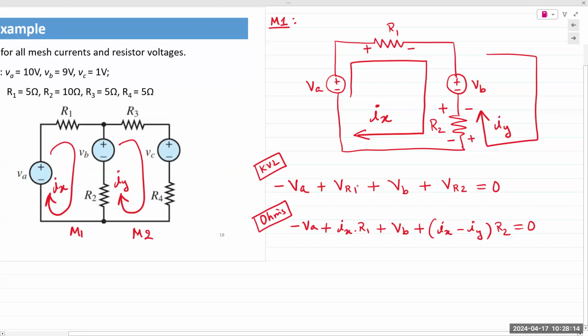So I put down minus. VR1 would be plus, so plus. VB is plus, so it's plus, and then plus VR2. Again, that is the technique that I am used to, and so I just use that. But if you are used to a particular technique, you keep on using that technique. You don't have to do what I do. In the end, the equation will be the same. There won't be any difference with the equation.